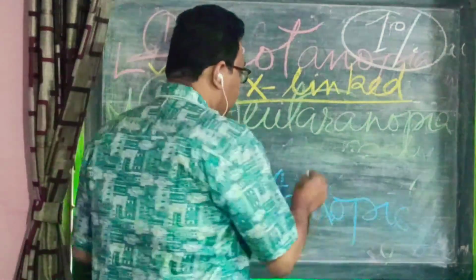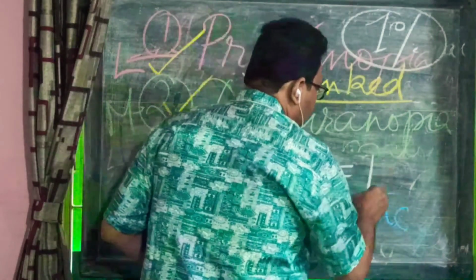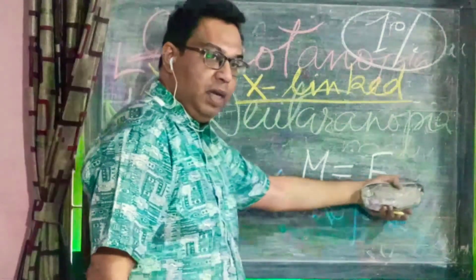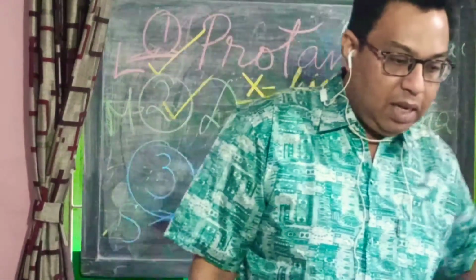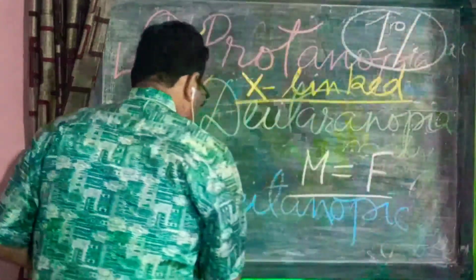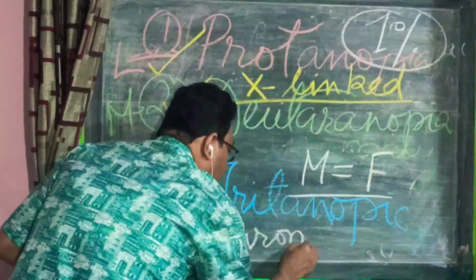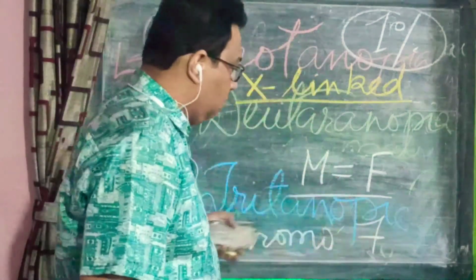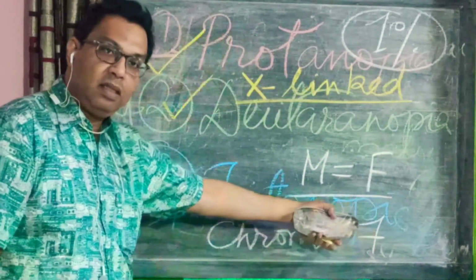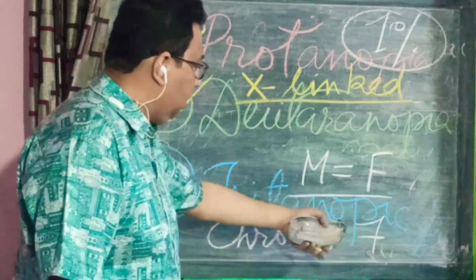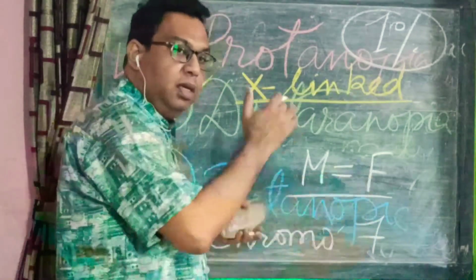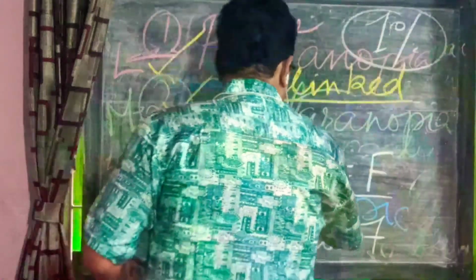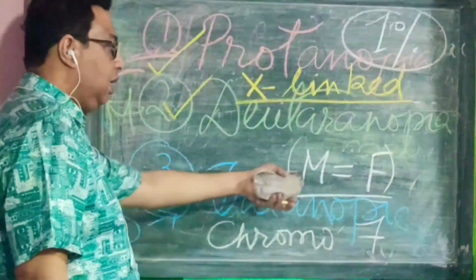Tritanopia is very rare, and the male to female ratio is equal, because the gene for the blue receptor and the blue photopigment is in chromosome number 7. So this is an autosome. Both males and females carry it without any difference. So if something goes wrong in the 7th chromosome, coding for the photopigment or for the receptor, the prevalence, or the occurrence rate, will be the same in males and females.